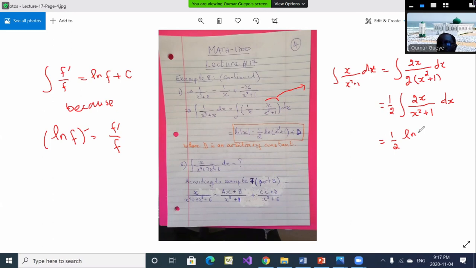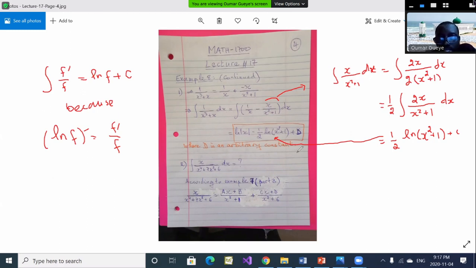I can drop the absolute value because it's already positive. And plus the constant c, for example. And this is exactly what I did to get this part, the second term here. Is it okay?